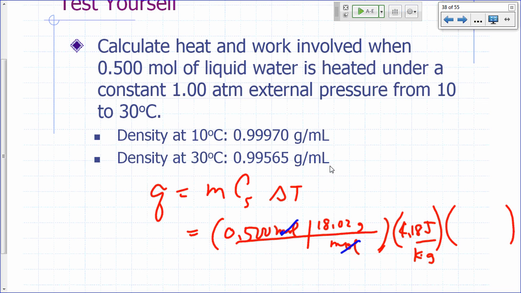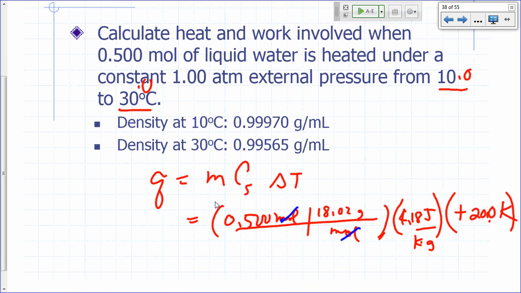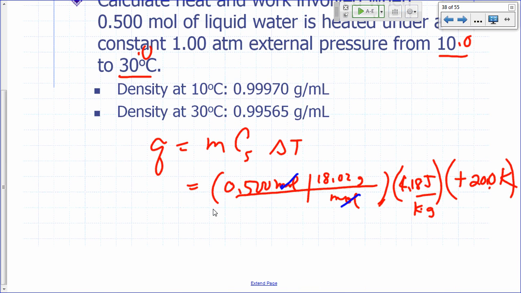What's our delta T? From 10 to 30, so positive 20. Let's make this 3 sig figs there. Positive 20.0 degrees Celsius, so positive 20.0 Kelvin. So what's that Q equal to? 753 joules.